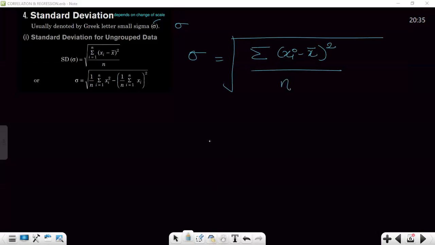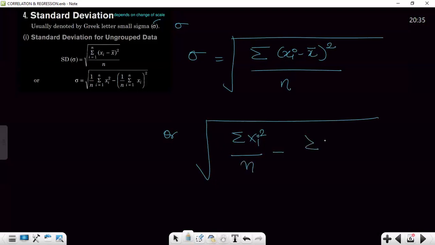Or you may also write sigma xi square, meaning every element squared, divided by n, minus sigma xi divided by n, which is actually the mean, squared.